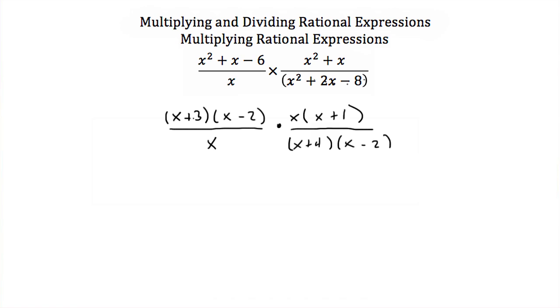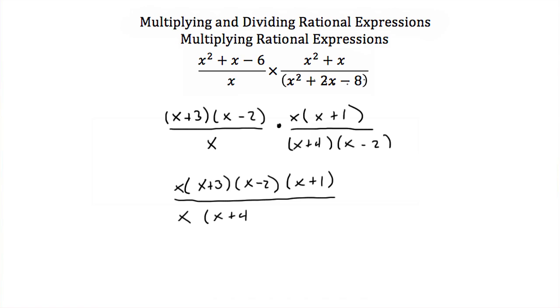Now we multiply these together, we multiply across, so I'm going to end up with x plus 3 times x minus 2 times x plus 1. And then in my denominator, I'll have an x times an x plus 4 times an x minus 2.